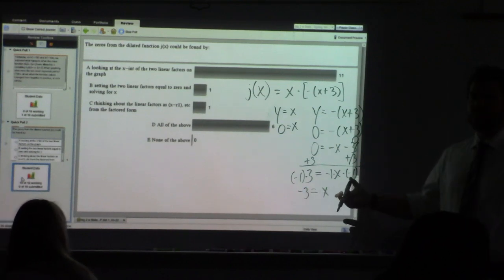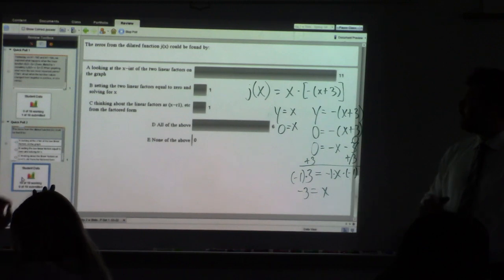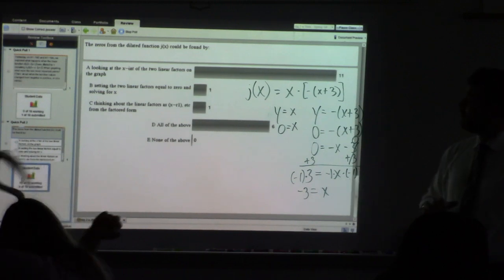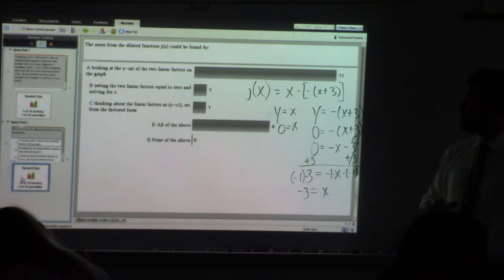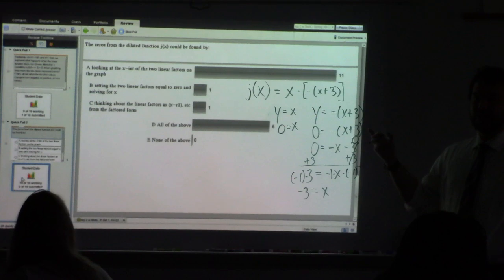Was that my other root? So is B an option? A, we already know for sure. Did we look at the x-intercepts of the linear factors on the graph? Yeah. So A definitely works, B definitely works, C works.